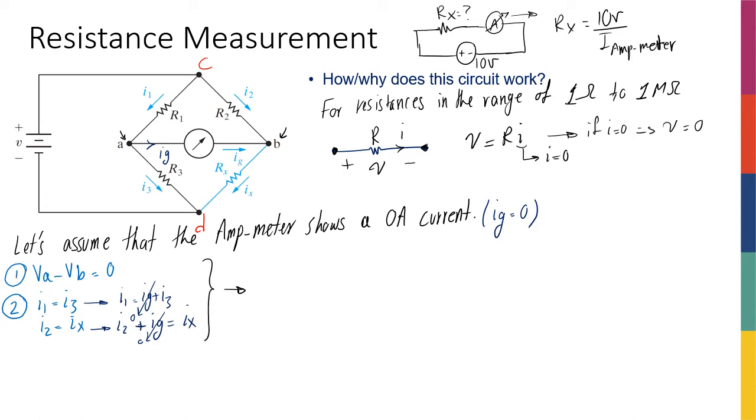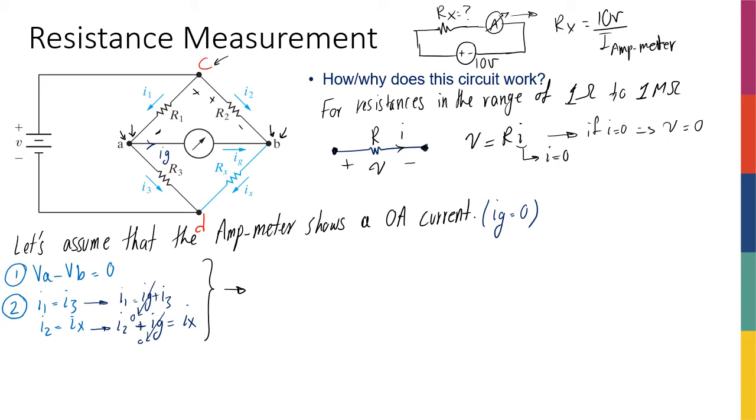The first thing I want to say is that, knowing that VA and VB are equal, so this point and this point have the same potential, the voltage across R1 and the voltage across R2 are going to be the same, because one end is connected to the same node, and the other end is connected to two nodes that have the same potential.